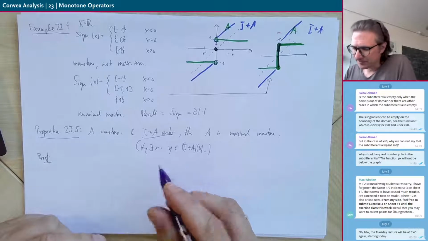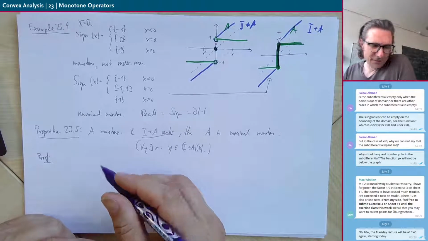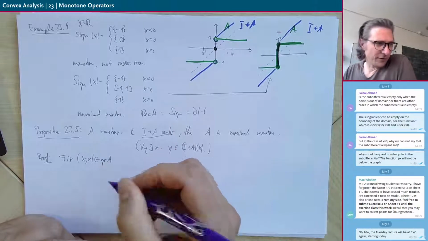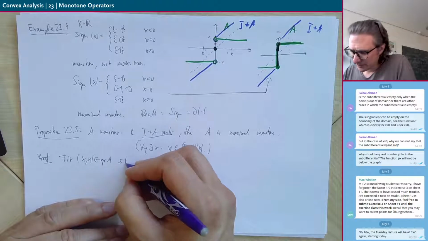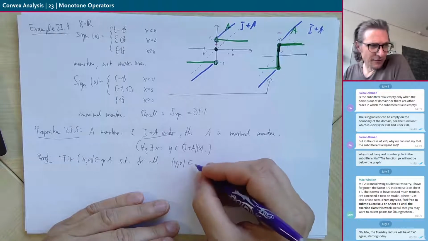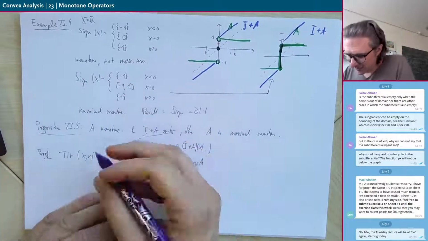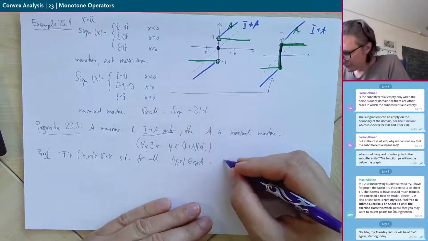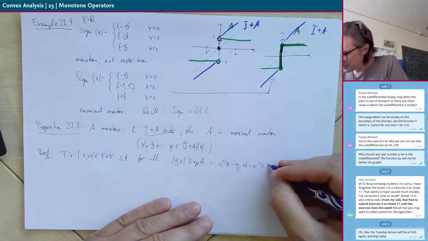Okay, so we start with A monotone and I plus A onto. So we fix some x and u in X times X, such that for all y and v in the graph of A, you have that x minus y times u minus v is non-negative.